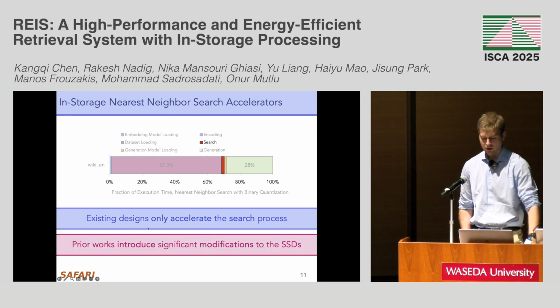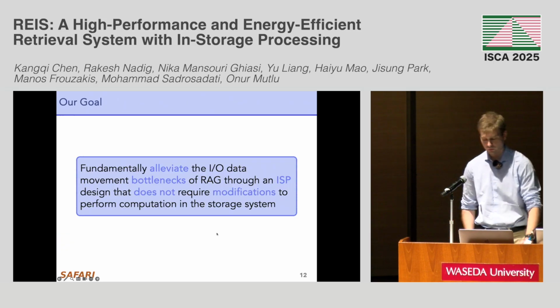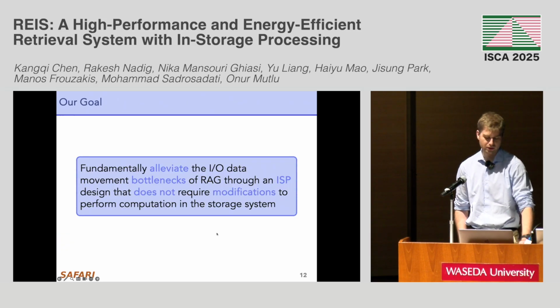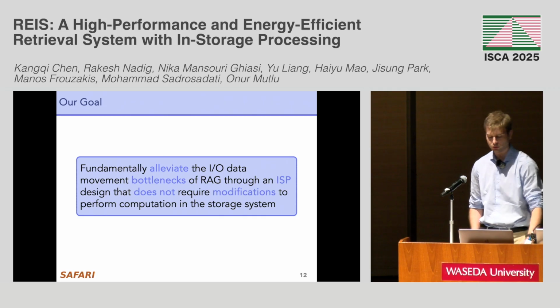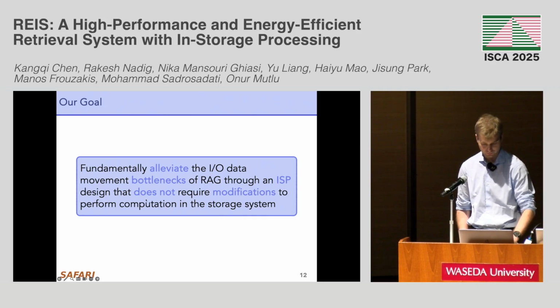In addition, they introduce significant modifications to the design of the SSD and often incur significant power and area overheads, which hinders their adoption. Our goal in this work is to fundamentally alleviate the I/O data movement bottlenecks of RAG through an ISP design that does not require modifications in order to perform computation inside the storage system.